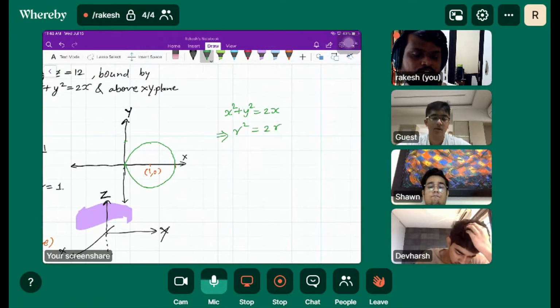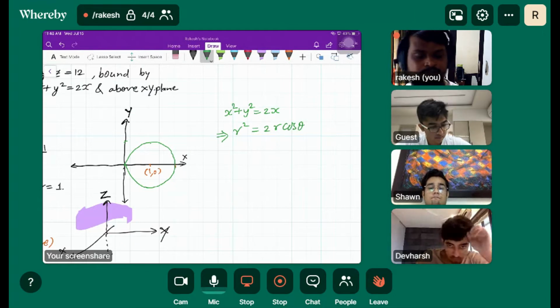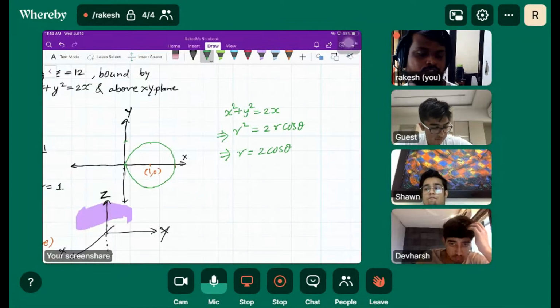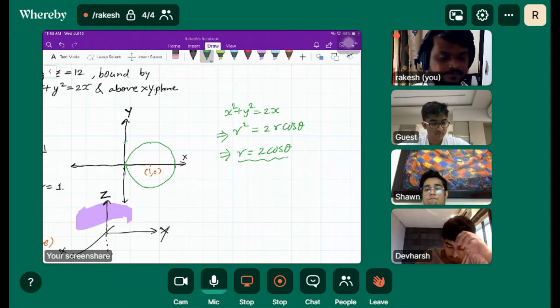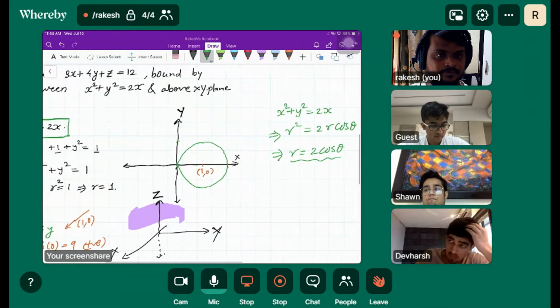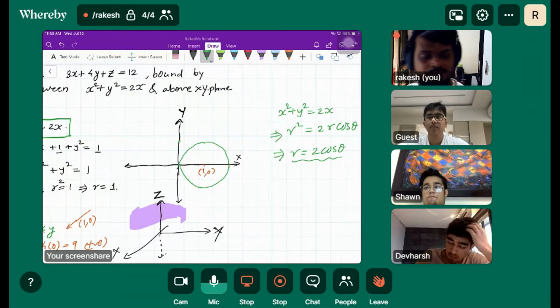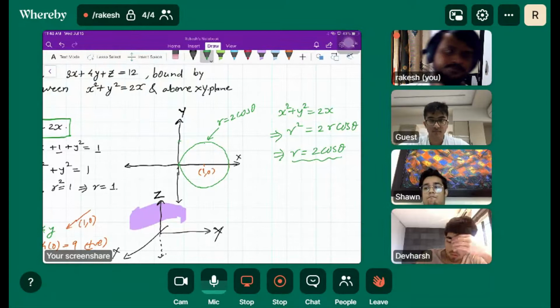X is r cos theta, right? So r square is equal to 2r cos theta, so r is equal to 2 cos theta. This is the polar form of the given region, right? This curve is represented by r is equal to 2 cos theta.